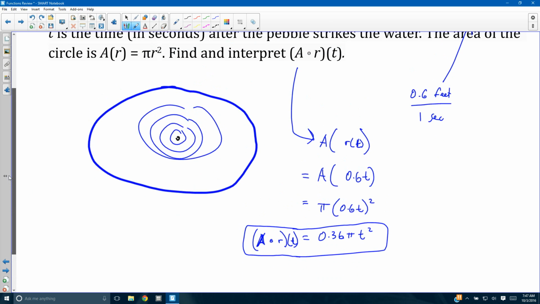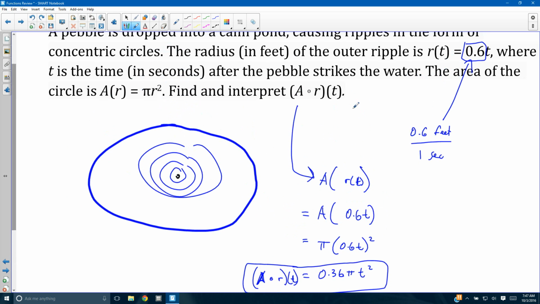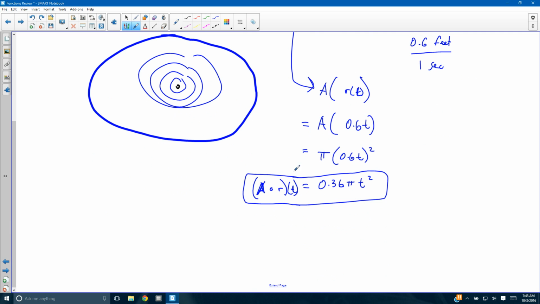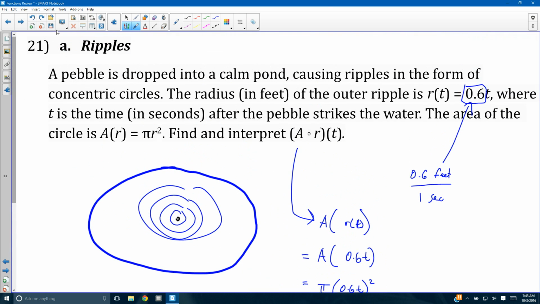And if the time was 10 seconds, the area of the circle would have grown to, 10 squared, it would actually be 36 pi. But that's based on knowing how big the radius would be in that set. So I'm skipping right by knowing the radius, and that's what the interpretation is. Again, a function of a function, that composition of functions, is making that happen.